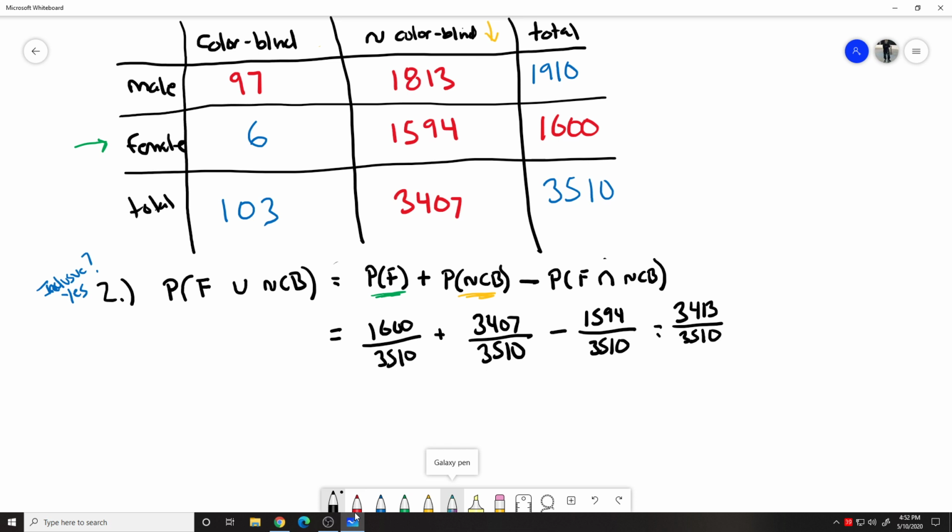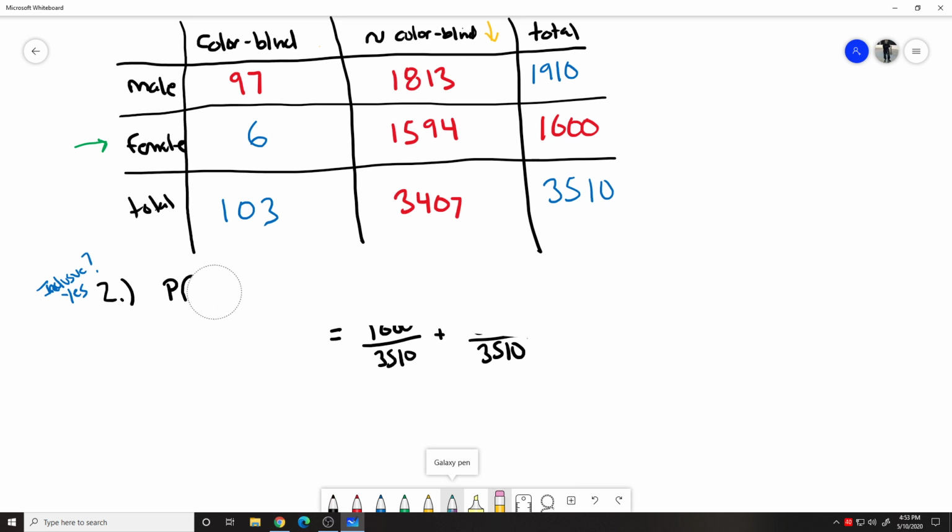Divide your numerator by your denominator, 3,510, and we get 0.972, which as a percentage is 97.2%. The reason we got such a high percentage is that most people we asked were not colorblind. So if you say female or not colorblind, you're talking about almost everybody in the survey. All right, let's ask another question.